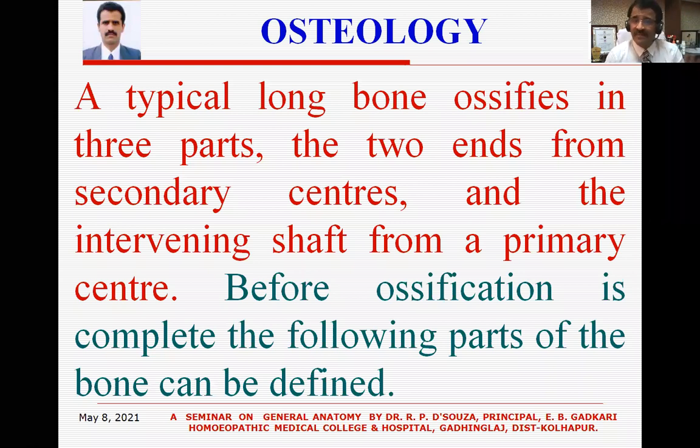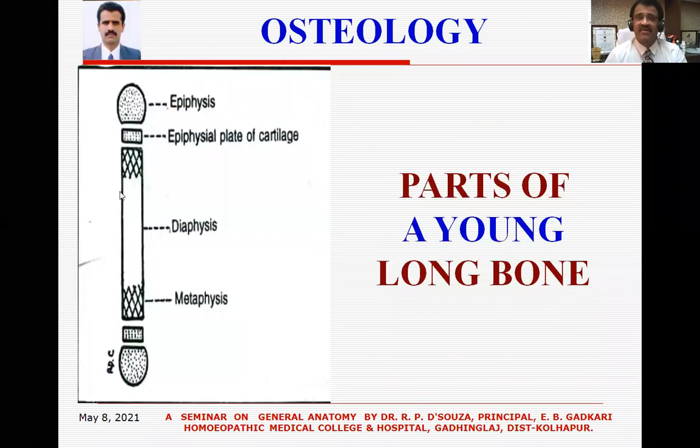Before ossification is complete, the following parts of the bone can be defined. Now this is a growing young long bone. So parts of a young long bone. Okay, this is a shaft. Shaft is called as a diaphysis. The diaphysis will have one center for the development, and that is called as a primary center. Eventually, two more centers will come, one for upper end and one for lower end.